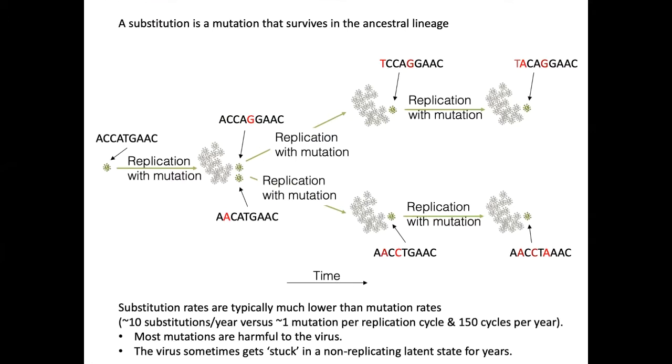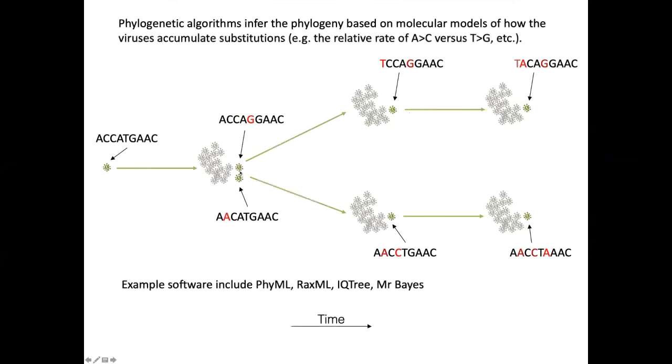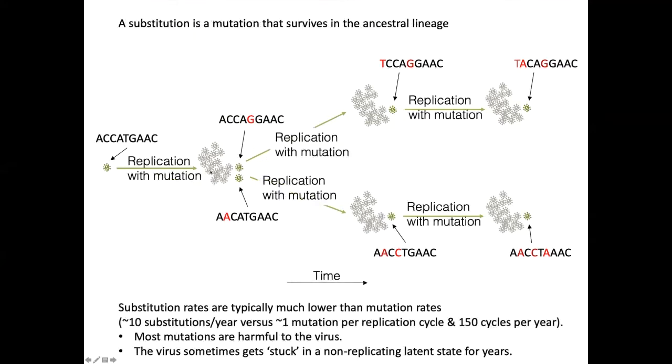So why is the substitution rate only 10 substitutions per year and not 150 or more? That's because the gray viruses and the green viruses are not identical to each other. Typically, the mutations are harmful. So most mutations make it less likely that a virus will survive along the ancestral lineage.